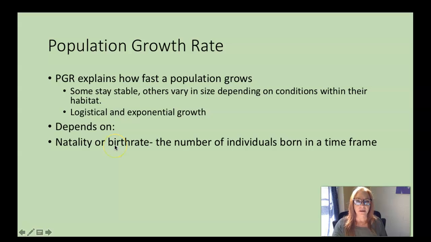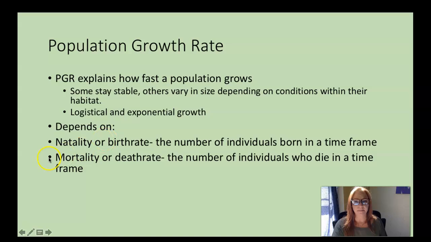Like rabbits can have 2 to 3 litters a year. But then there are other animals like pandas, that only reproduce every 4 to 5 years, right?